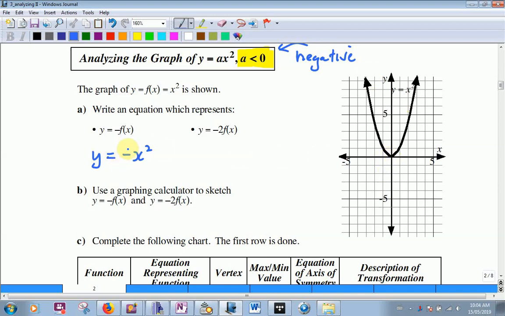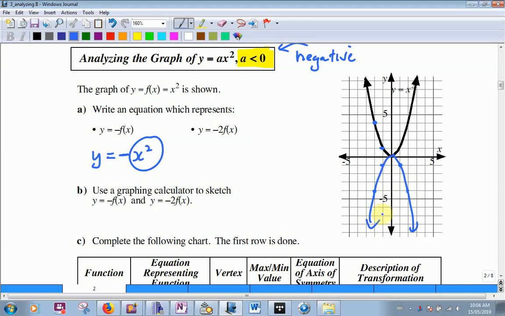Because again, whatever x squared is, you put a minus in front, it just makes it negative. So if you had that point, it just became negative. If you had this point, 2, 4, it just became negative. And of course, this thing's symmetrical, so I can do the same on the other side. That's what happened. So yes, they all became negative.